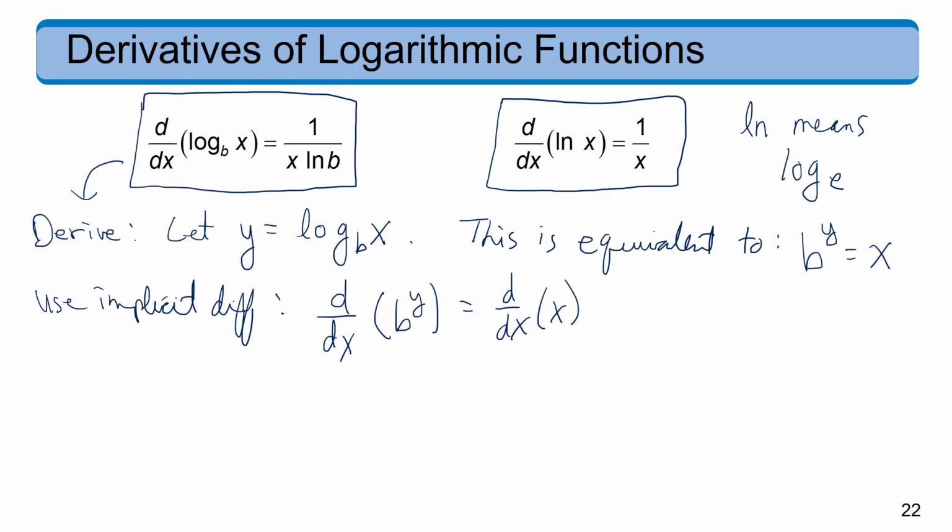The way we handle that is first you take the derivative with respect to y. So because the y is in the exponent, that's an exponential equation. And we already learned the formula for the derivative of an exponential equation is itself times natural log of the base. In this case, the base is b.